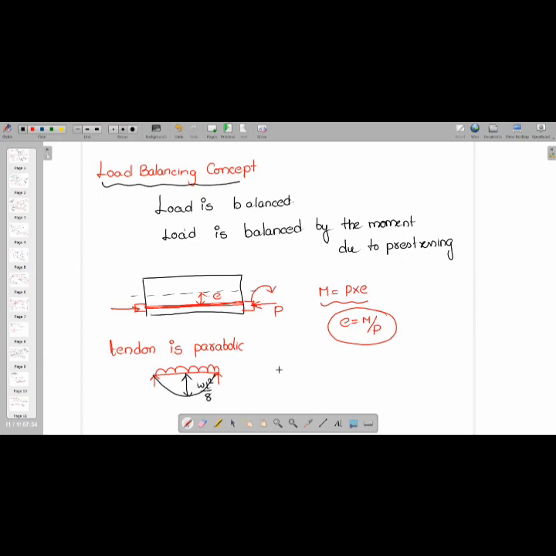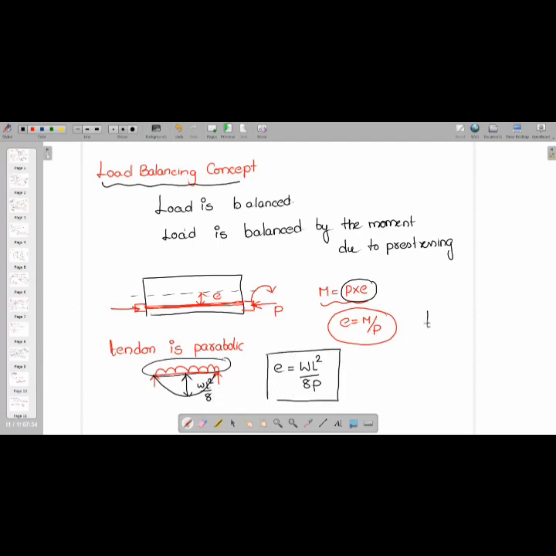So the eccentricity will be equal to WL square by 8P, because the moment occurring due to the dead load is WL square by 8, and the moment due to the pre-stressing force is load into eccentricity.